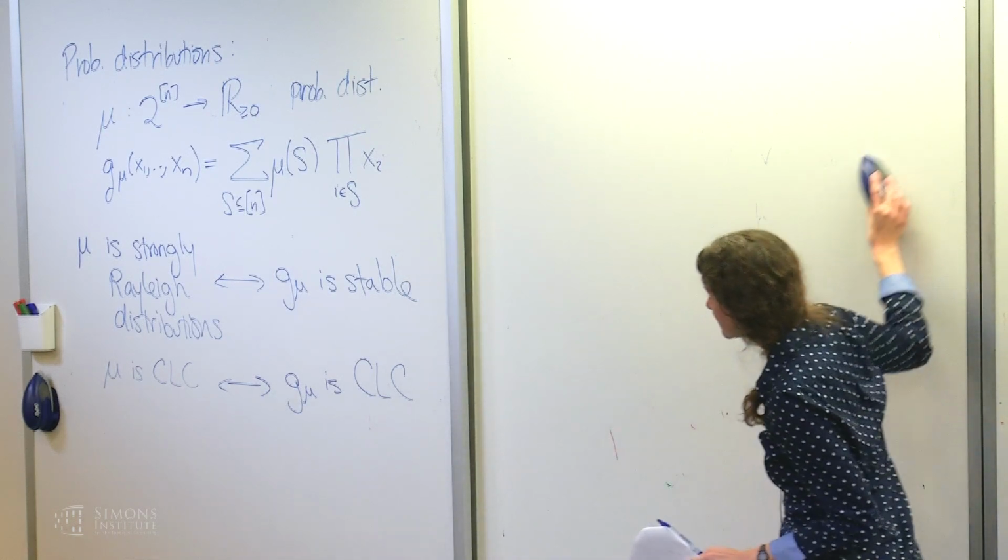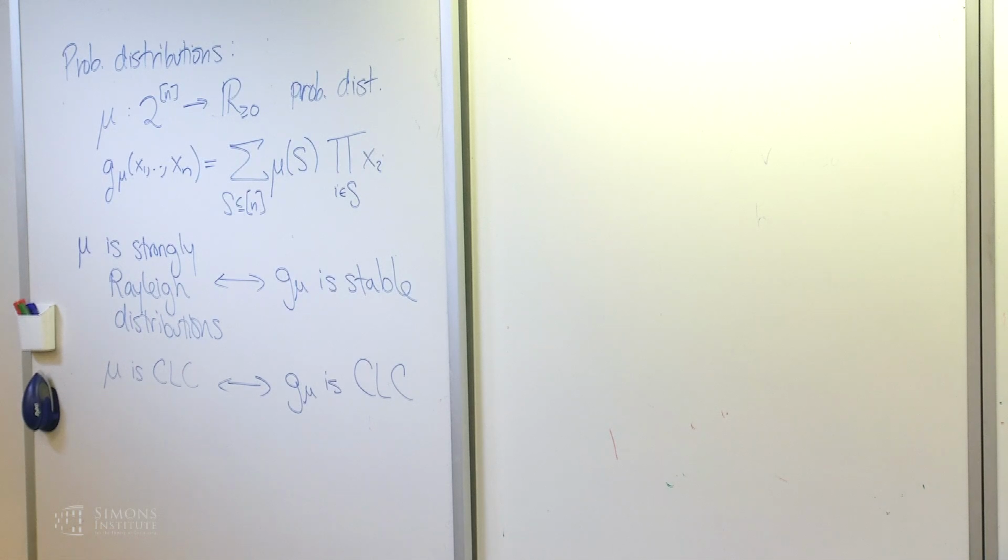Do you homogenize this? I do not, although most of the examples we've considered have been homogeneous. I should say, this definition that I wrote down of complete log-concavity didn't require homogeneity.